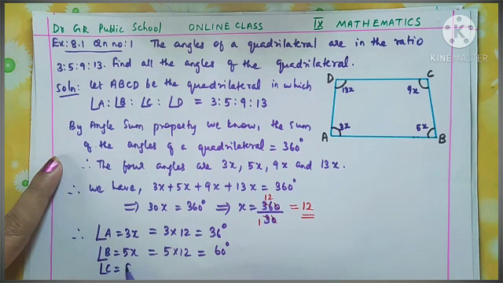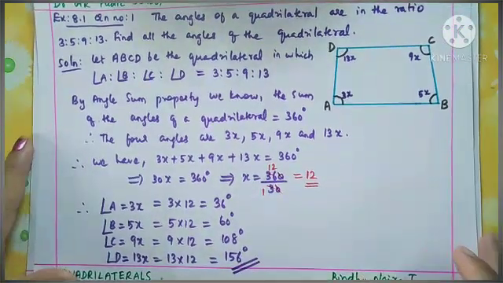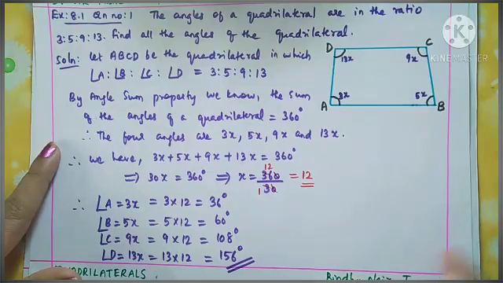Angle C is 9x, that is 9 into 12, 108 degrees. And finally angle D is 13x, 13 into 12, that is 156 degrees. So these are the four angles we needed to find from the question.